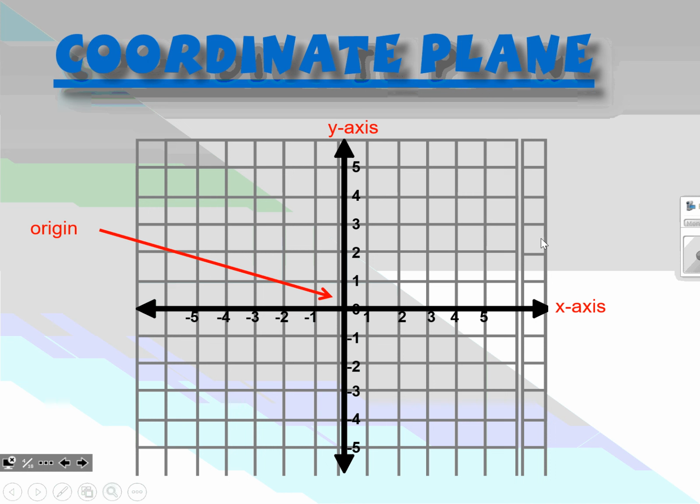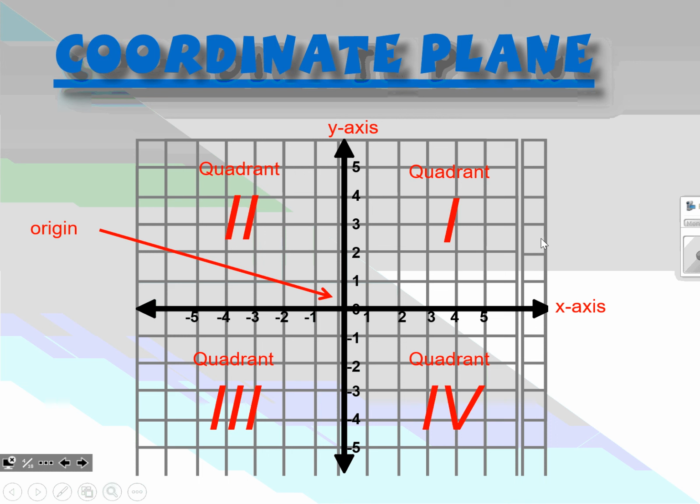And this is how they're labeled: quadrant 1, quadrant 2, quadrant 3, and quadrant 4. Notice that when you name the quadrant, they're in Roman numerals, Roman numbers.